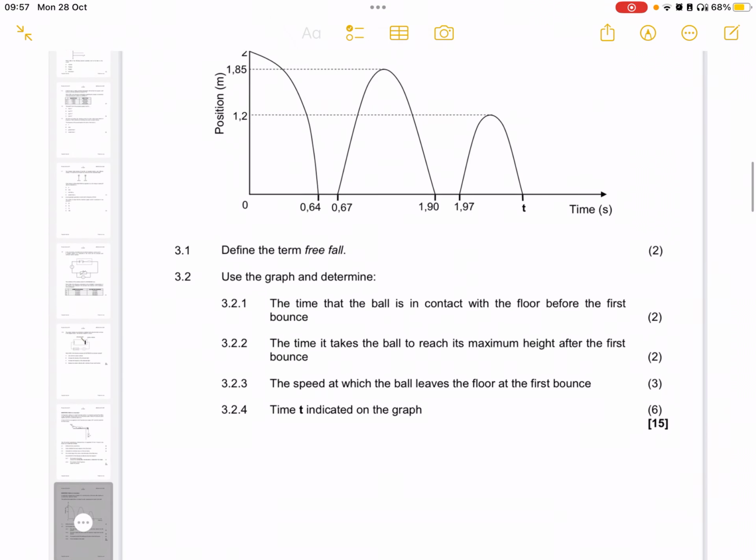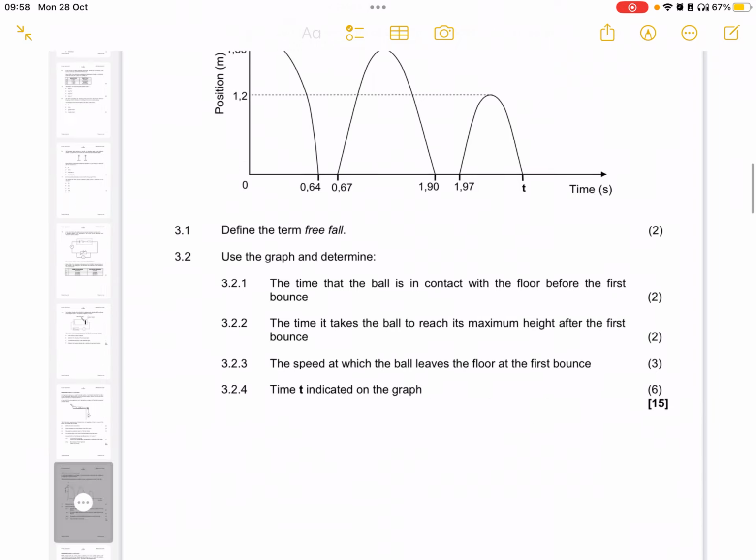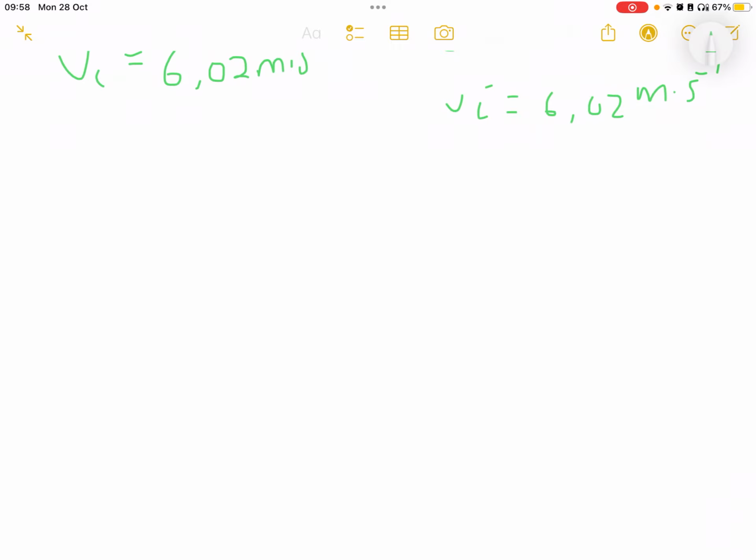The time t indicated on the graph. How do we get the time t indicated on the graph? Well, to get the time t indicated on the graph, we would use the same method that we have used.